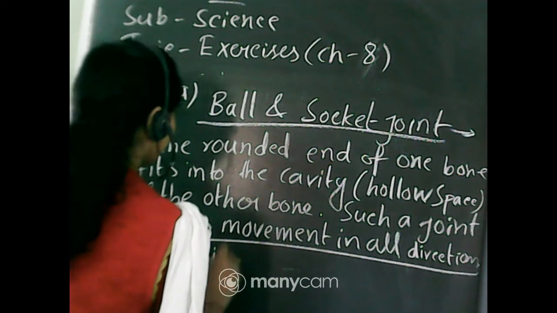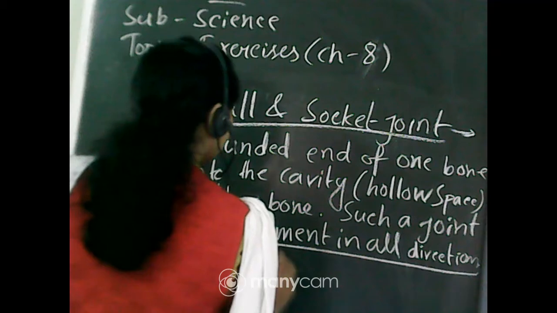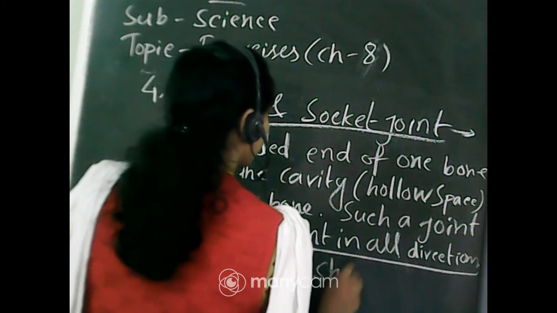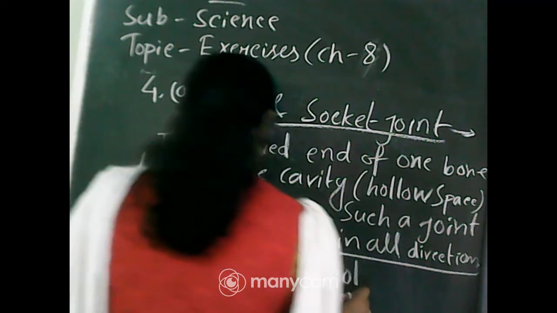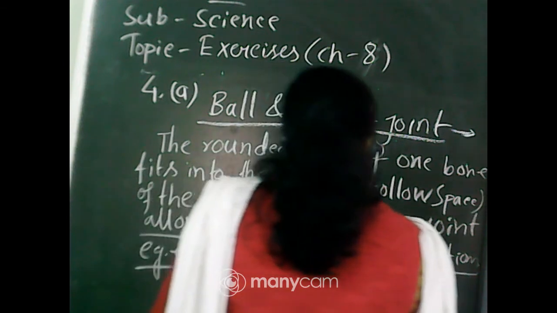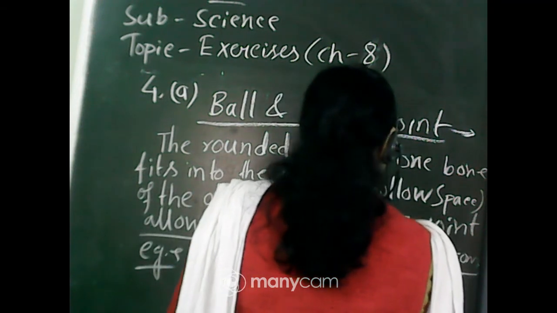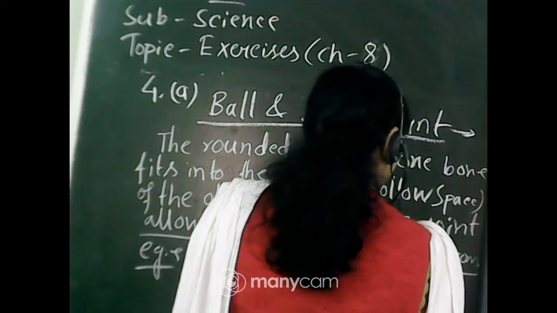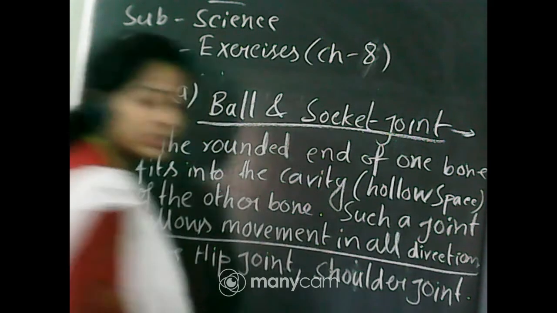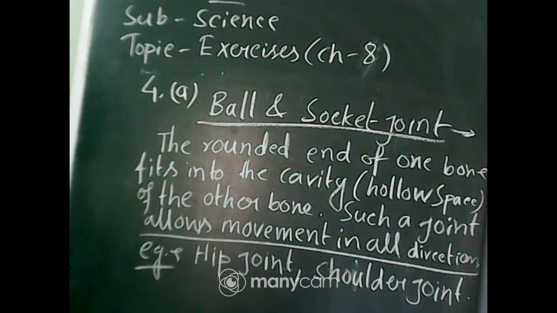So first is the hip joint, shoulder joint, you can also write. Okay, shoulder joint. These are two examples of ball and socket joints. Next I will rub this portion and I will write the next question of this topic.